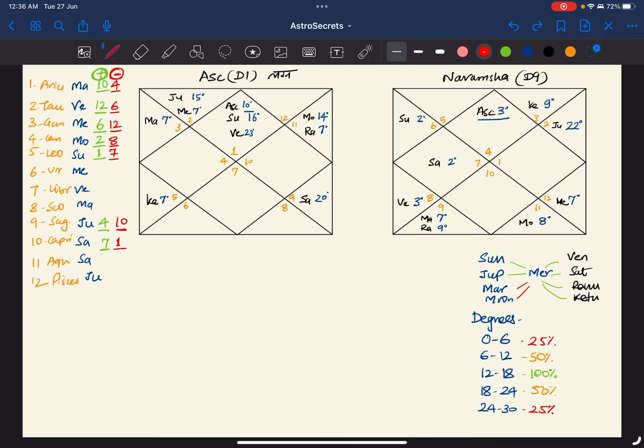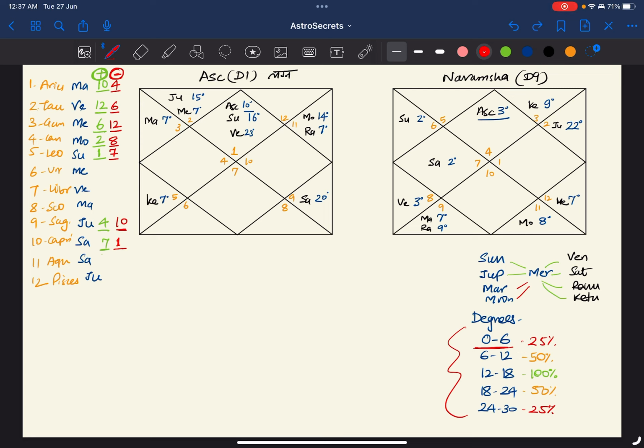So in this particular Kundli, apart from other videos, where the degrees are not covered, I have covered the degrees as well on the right hand bottom corner, if you're able to see. So if the degree is between 0 to 6, the effect is going to be 25%.